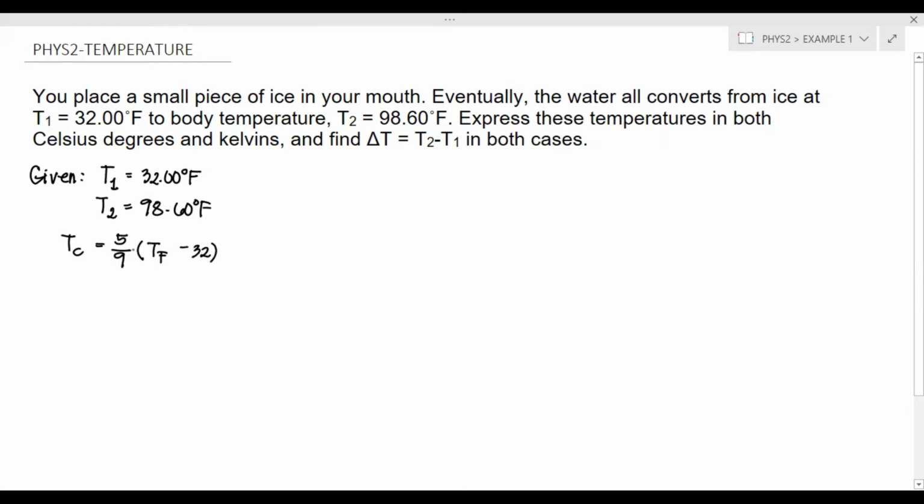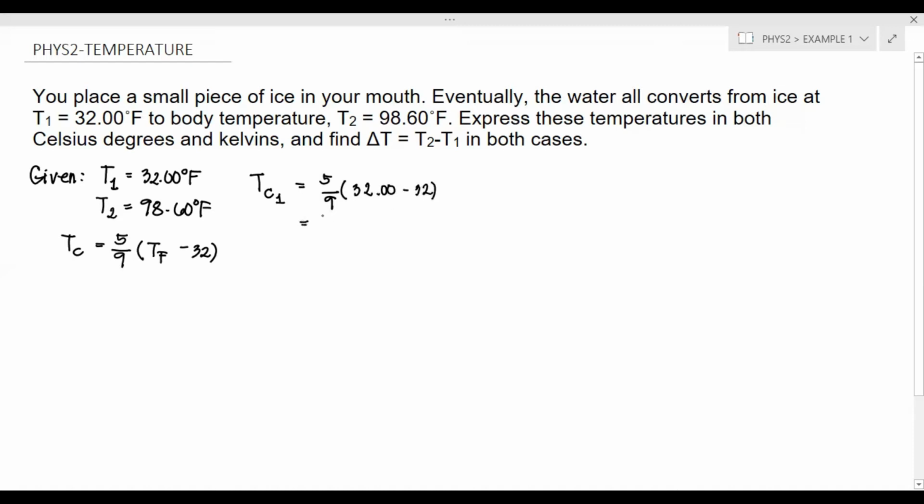Now we'll try to convert first our T1. So for T1, I'll write here degrees Celsius for T1, that's 5/9 times 32.00 minus 32.